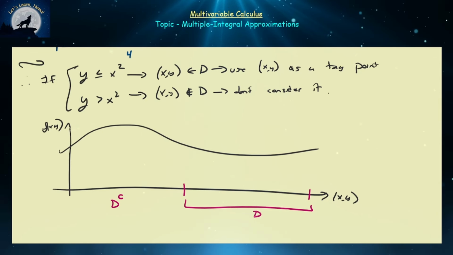We're going to be picking a bunch of points in this entire region. For example, we pick this point, this point, this point, and so on. Those are not going to be in terms of our solution. Now, if we pick this point, that belongs to our D, therefore we're going to be using it. Notice if we pick this point here, we're going to be using it. Now, if we choose 5 points, it's possible that 4 of those points are located here and the 5th point is located here. If this entire height is roughly flat, it's not going to matter.